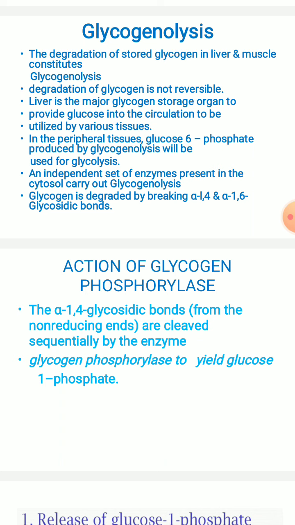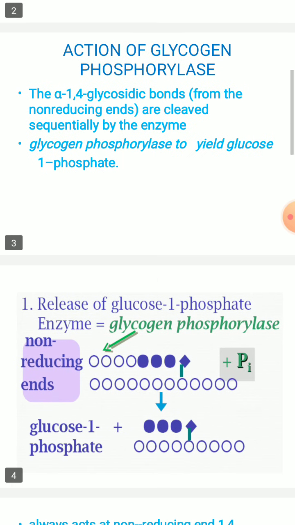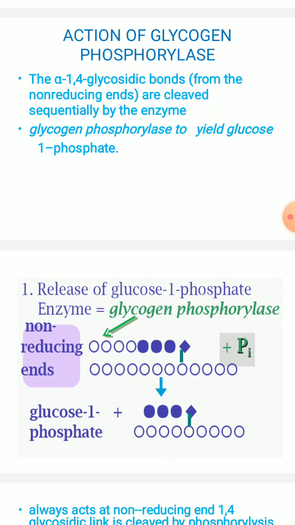So we are going to have glucose 1 phosphate molecule by the sequential cleavage of this glycogen effected by the enzyme glycogen phosphorylase.